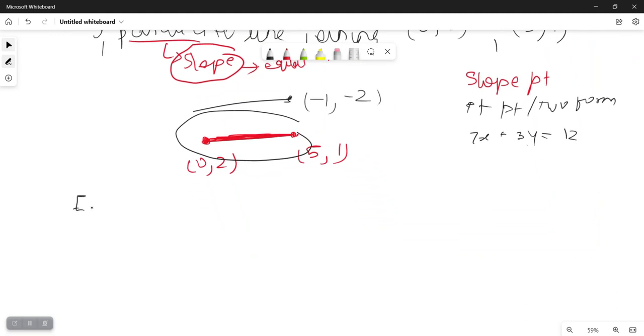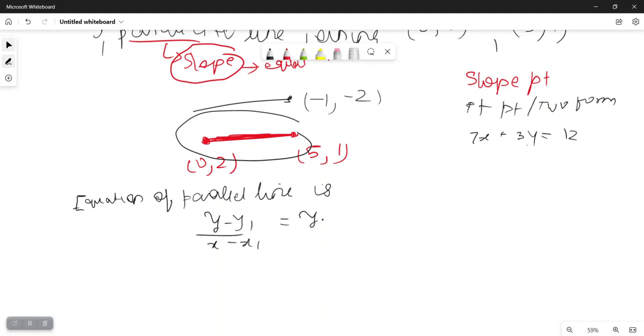The equation of the parallel line is (y minus y1) upon (x minus x1) is equal to (y2 minus y1) upon (x2 minus x1).